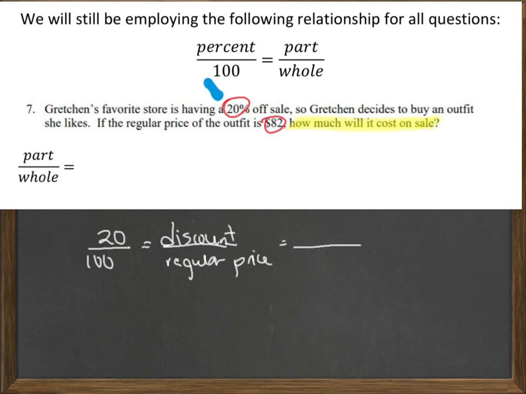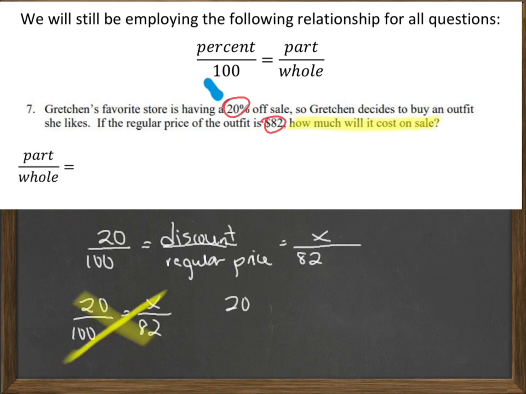We don't know the discount, that's what we're trying to find, but we do know that the regular price, or the original price, is $82. Now we have a proportion, and we can cross multiply and solve. So we have 20 times 82 is equal to 100x, and then we divide both sides by 100, and when we do that we get $16.40.